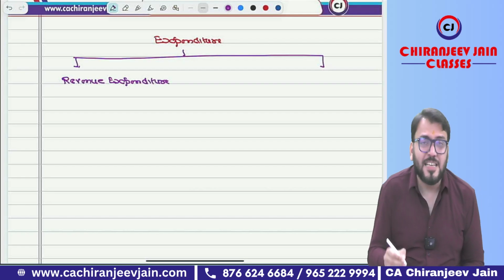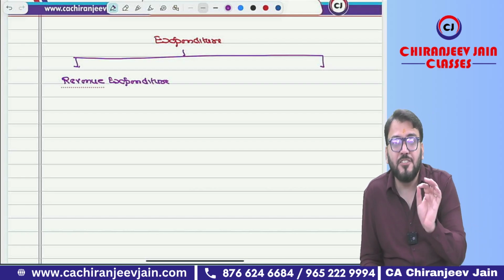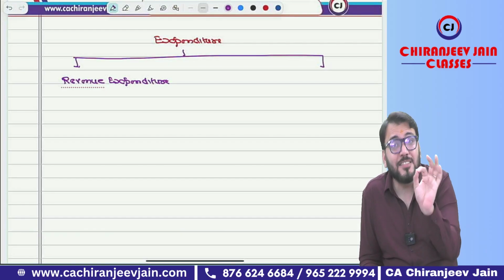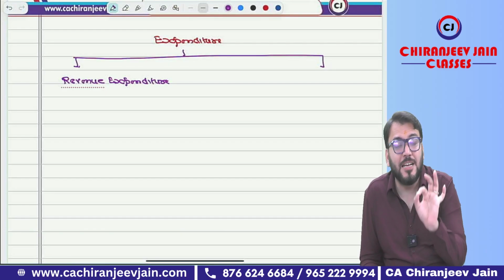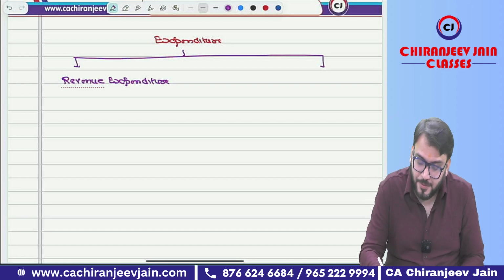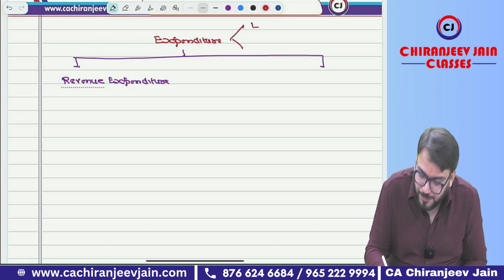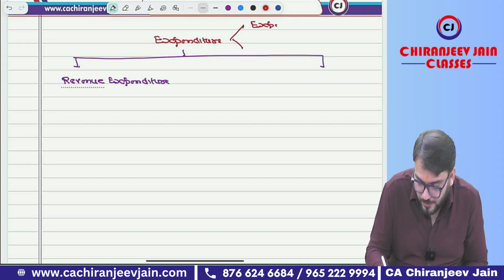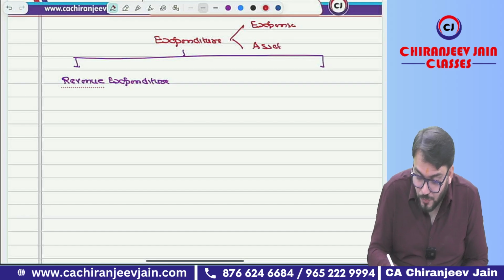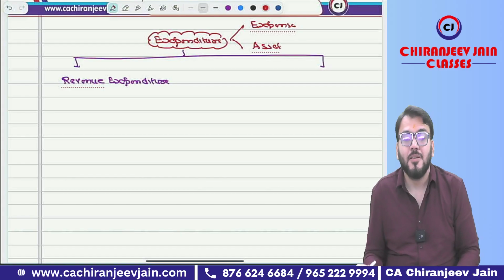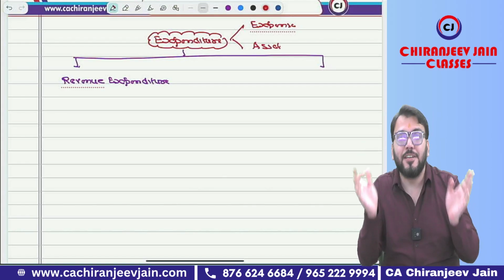Just try to understand, when I say expenditure, expenditure does not mean expense. When I say expense, it will be charged to PL, but expenditure may be an expense or it can be an asset. So expenditure is a wider term.